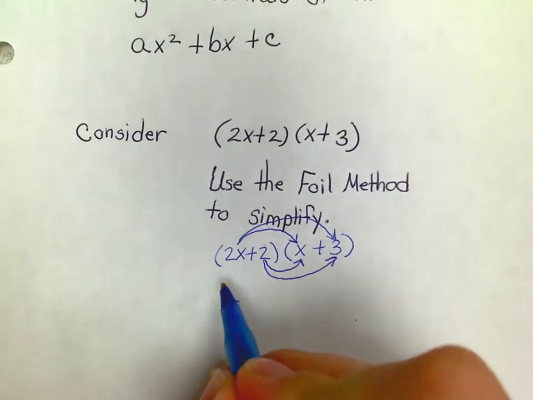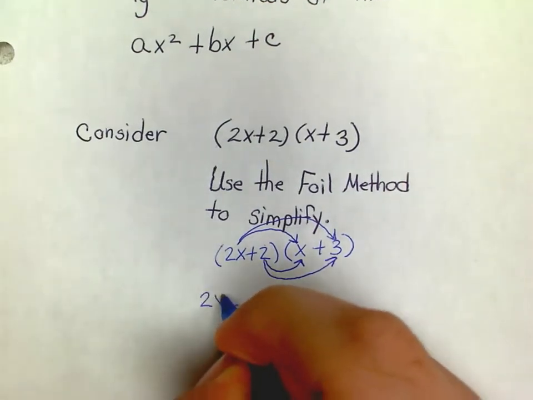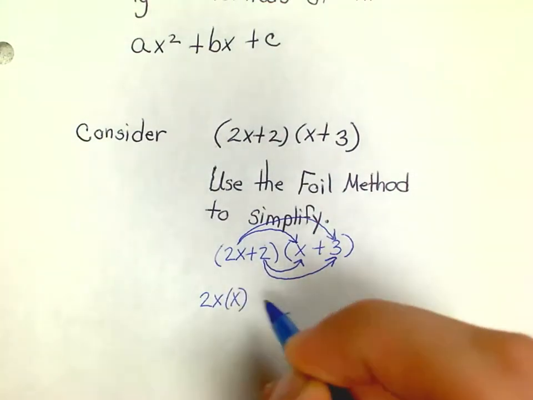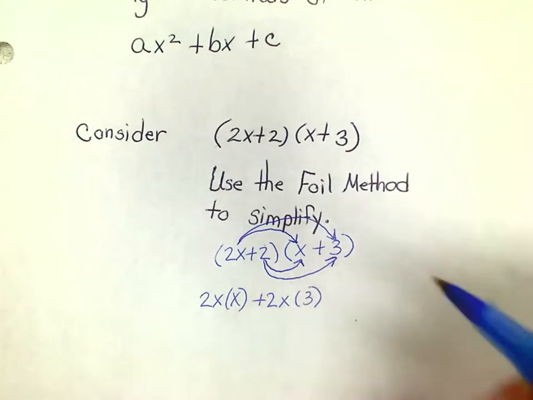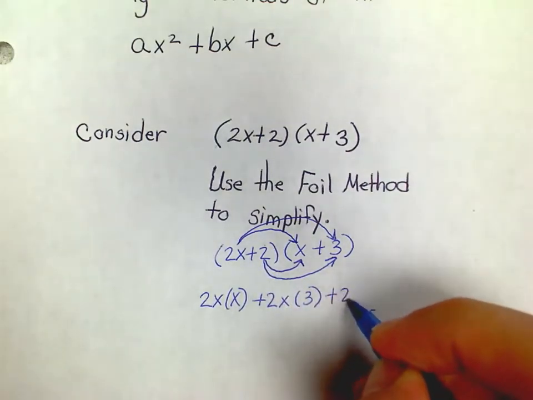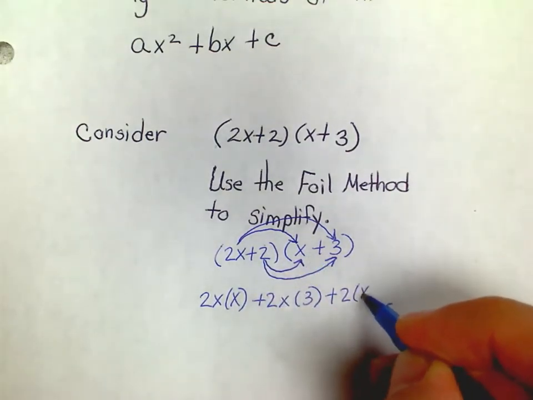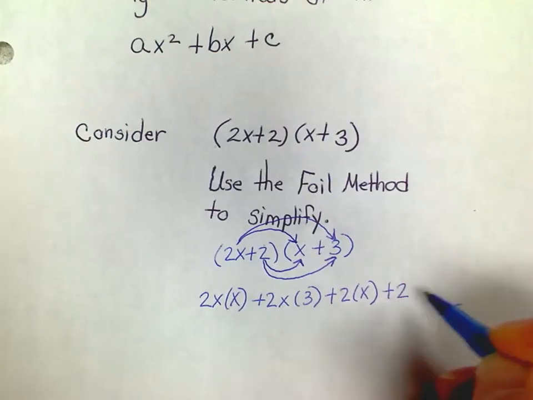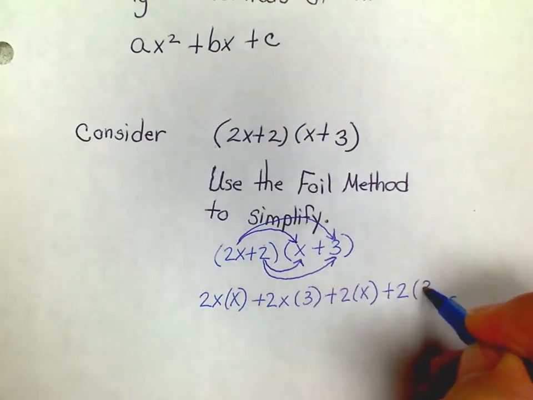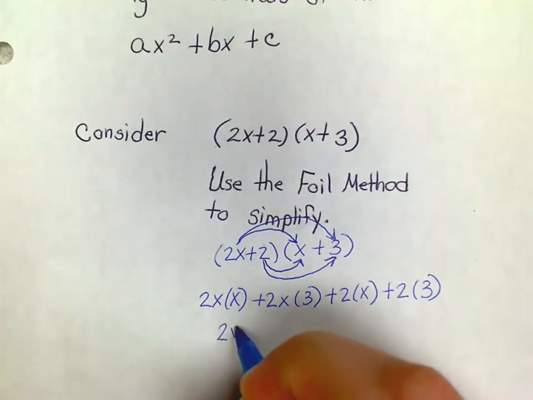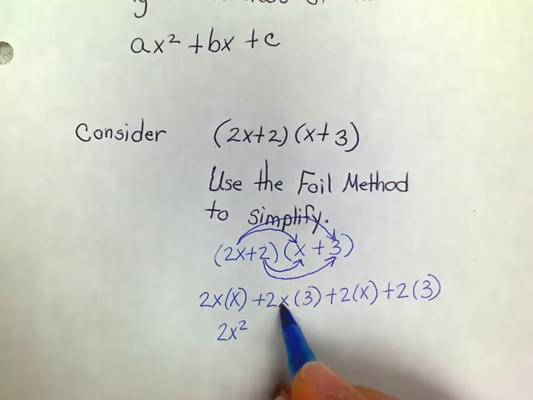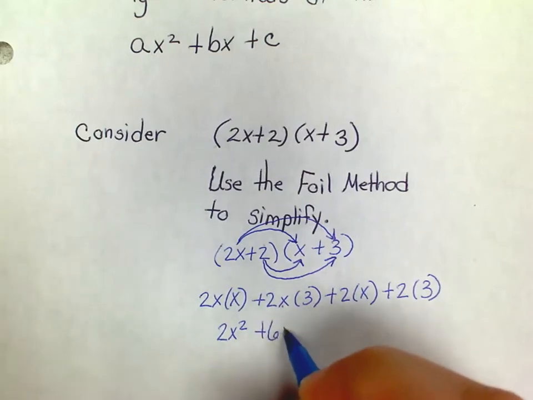So let's go through and simplify what we have. We have 2x times x plus 2x times 3, then plus 2 times x, then plus 2 times the 3. We'll go through and simplify. 2x times x is 2x squared. 2x times 3 is a positive 6x.